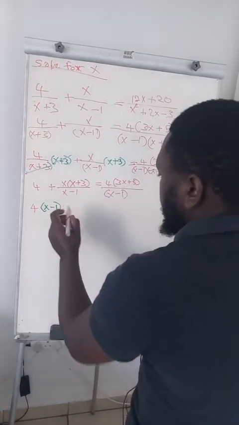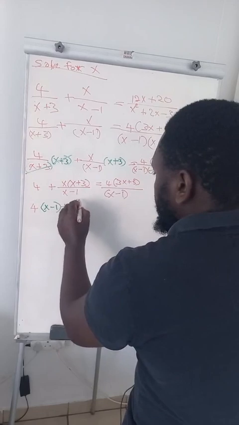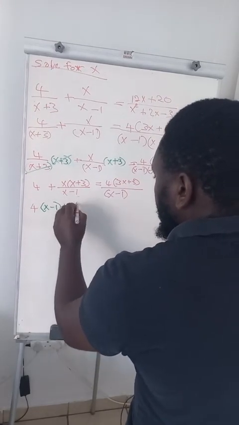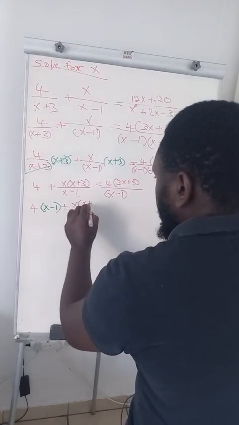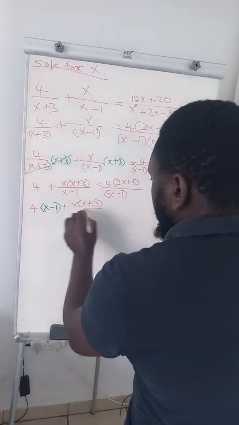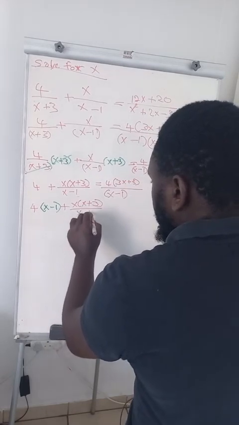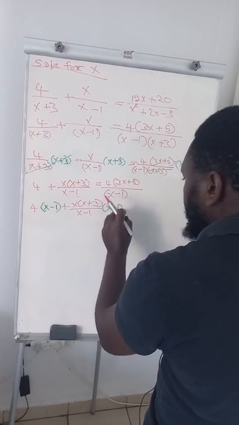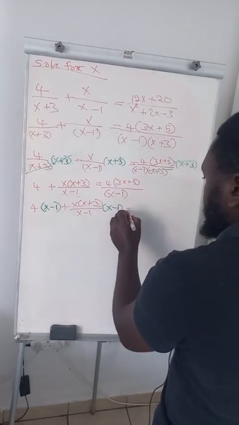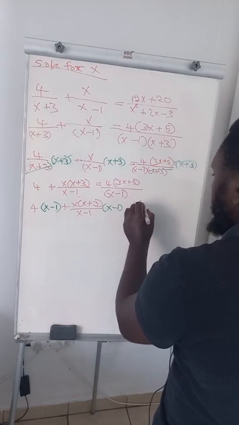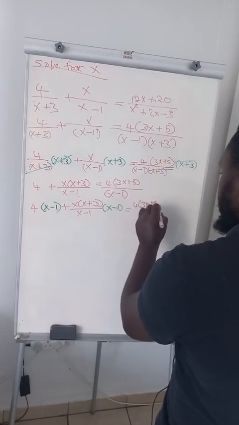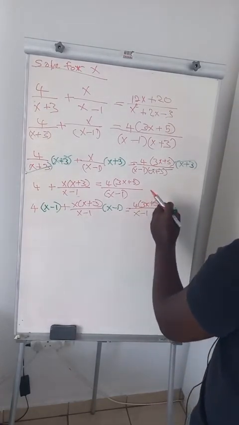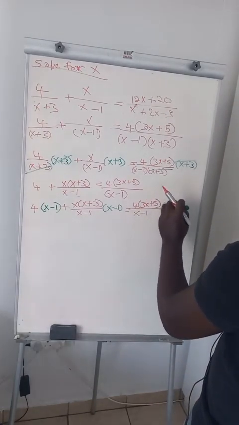And then this will be x, x plus 3, all divided by x minus 1, x minus 1, equals 4 into 3x plus 5 divided by x minus 1, then this will be x minus 1.